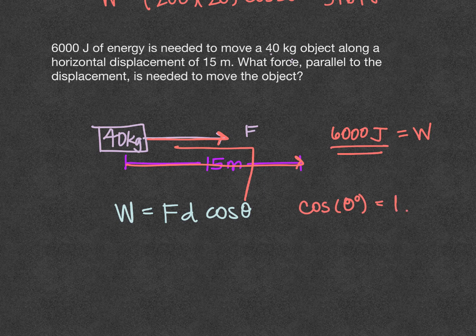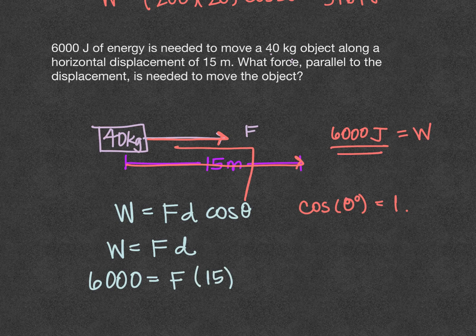So then we'll have that the work done is equal to the force times the distance. The work we need to do is 6,000 joules. The force needed is unknown times the distance, 15 meters. So then the force needed would be 6,000 divided by 15, which gives us 400 newtons.